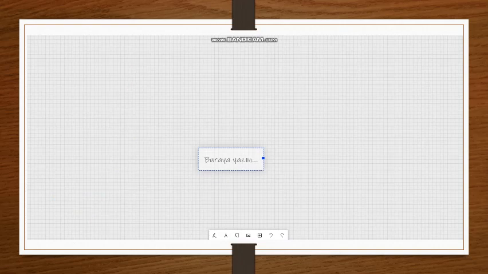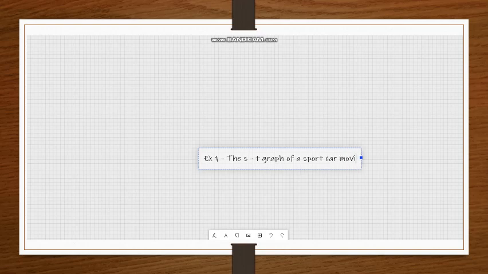Okay, let's start with one example. Example 1. Our first example is the position and time graph of a sport car moving along a straight line.